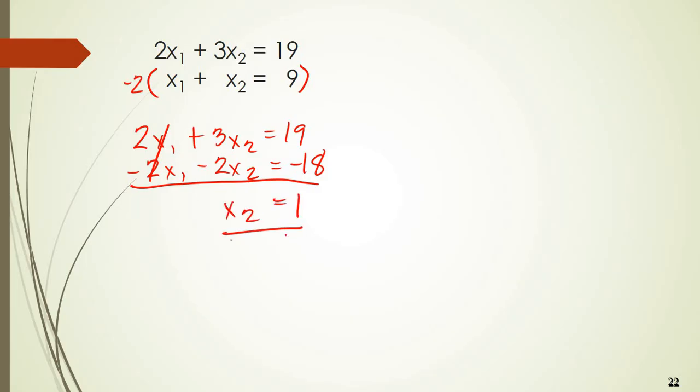So the value of our x sub 2 is 1, and we're going to substitute it. So x sub 1 plus x sub 2 equals 9, x sub 1 plus 1 equals 9. So the value of x sub 1 is going to be 8.